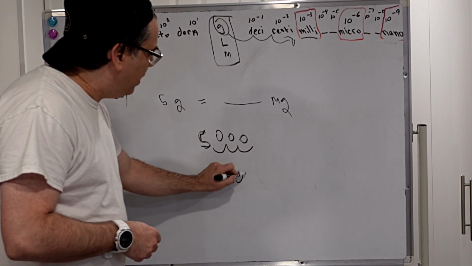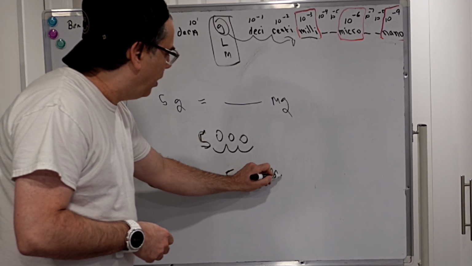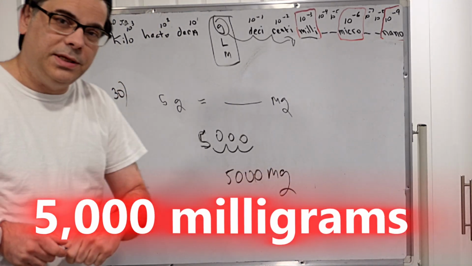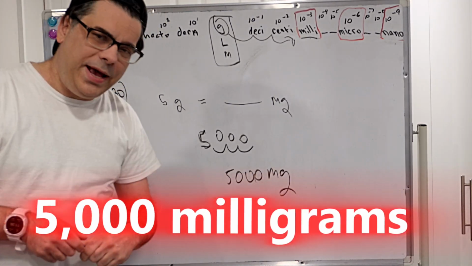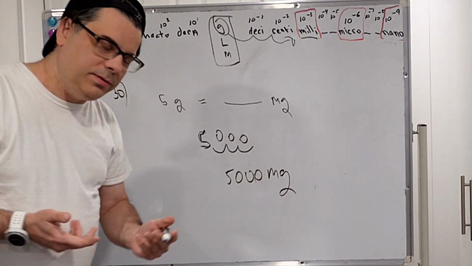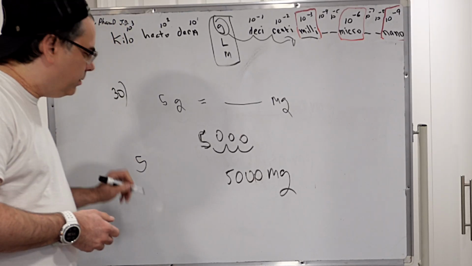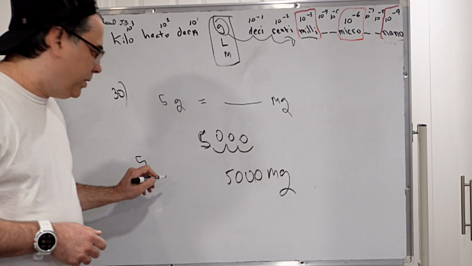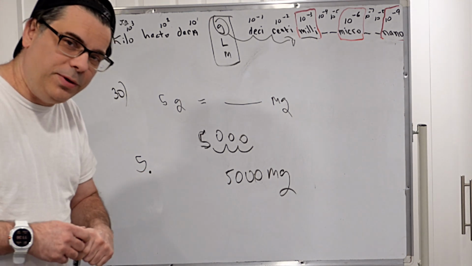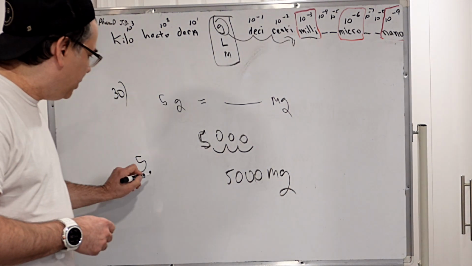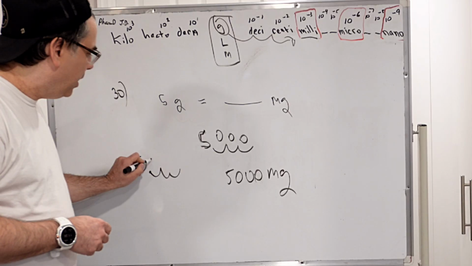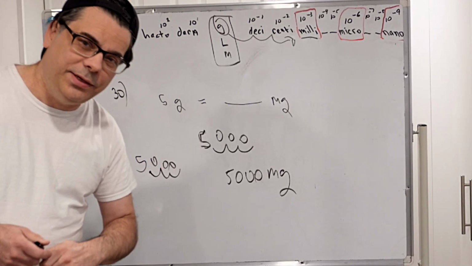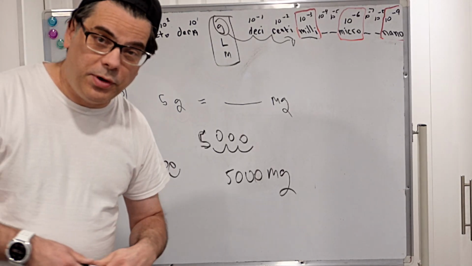So we have 5,000 milligrams. Some of you may ask, where's the decimal point? When you have a whole number, we don't write the decimal point, but there is one, and you can just put it in there after the number, move it 1, 2, 3, and fill in the zeros. That's how you do this type of problem. Let's go to number 31.